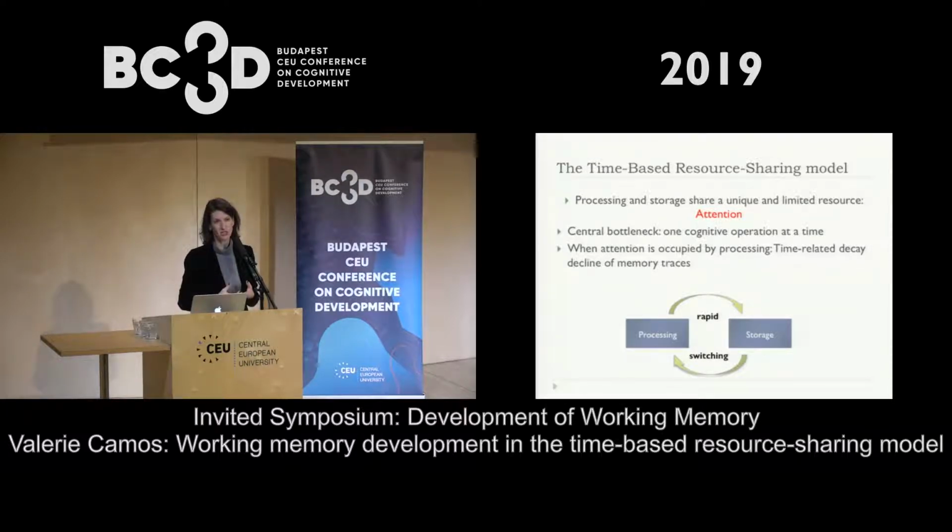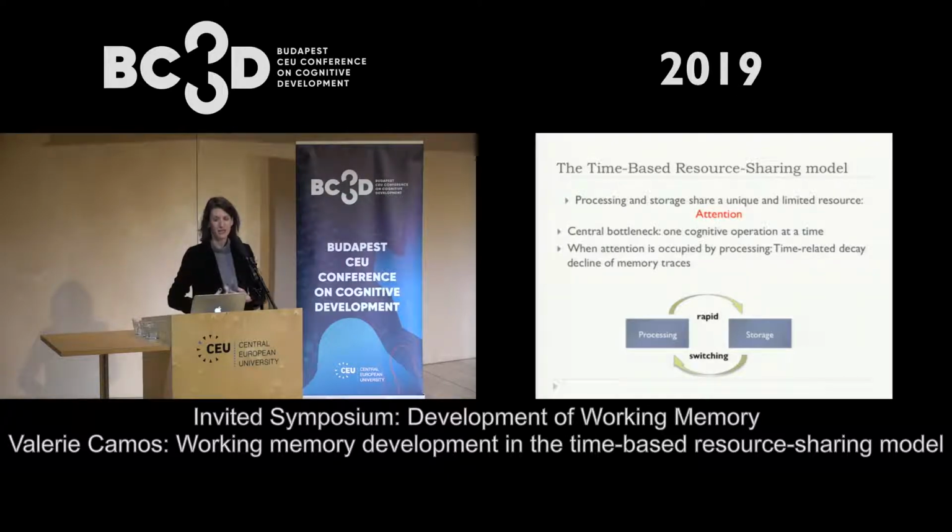So this attention is dedicated to only one cognitive activity at a time. It's just like a spotlight. It's either on the storing of the information, or it's dedicated to the processing of information, but you cannot do the 2 things at the same time.